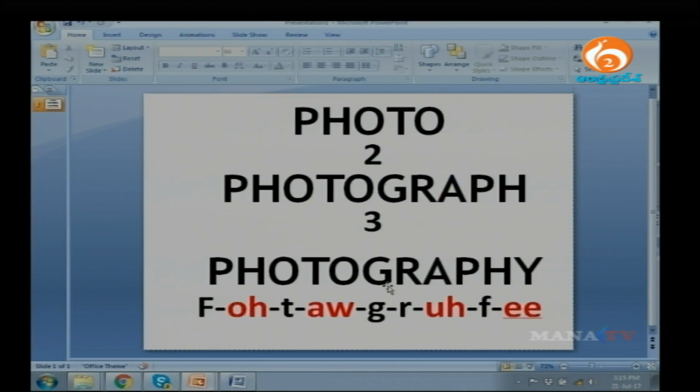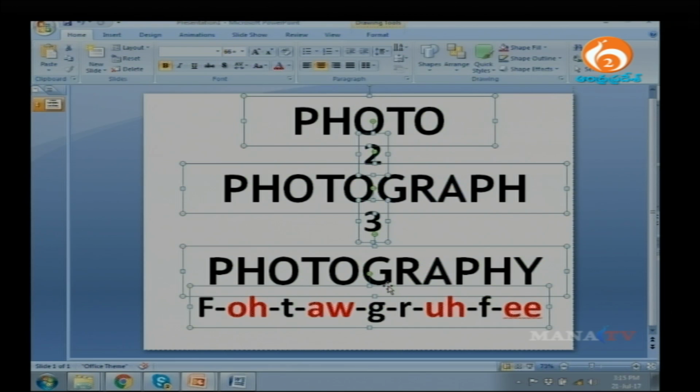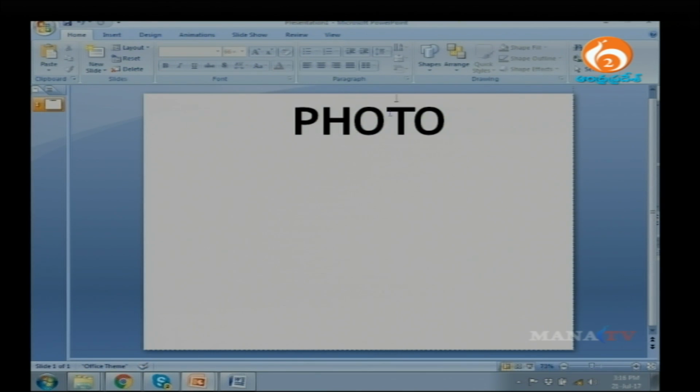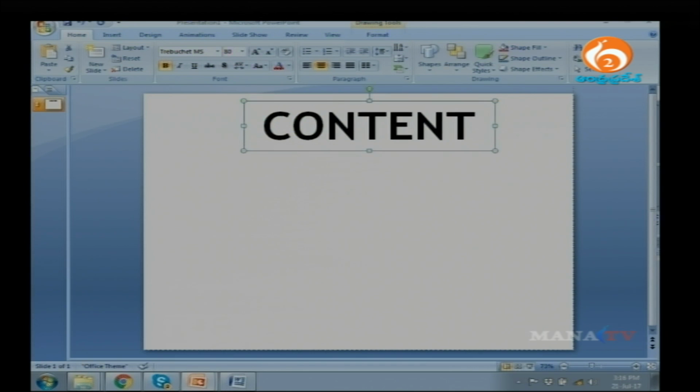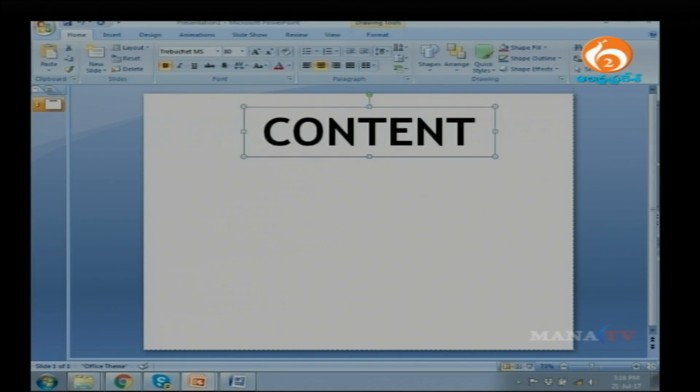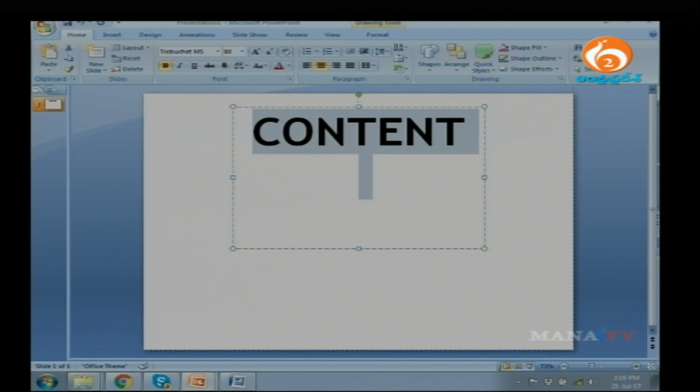One common area where people make mistakes: there is a word which is content. What is the pronunciation of this particular word? Can somebody tell me?